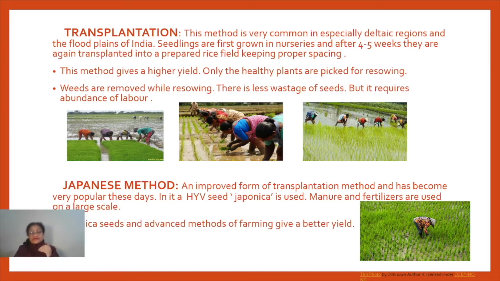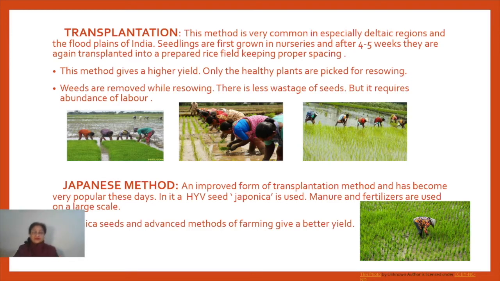Because HYV seed is used, and moreover we provide fertilizers, manures, pesticides and whatever else is required during the growing period of the rice, we use them a lot. That means manures and fertilizers are used extensively on a large scale, along with the HYV seed.